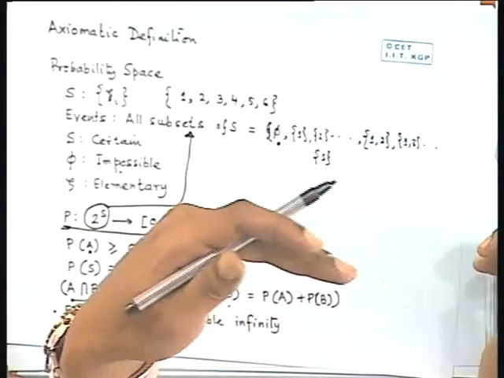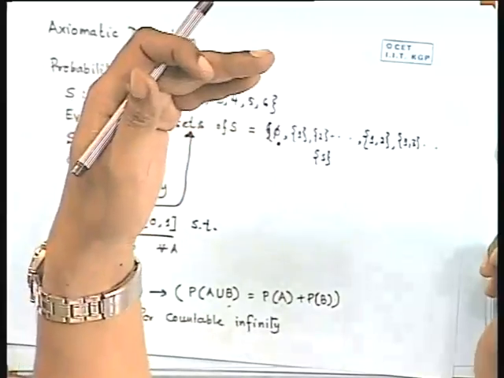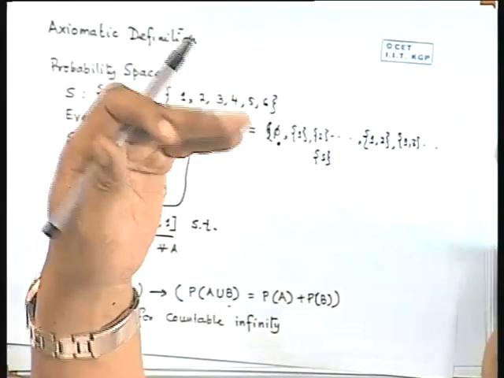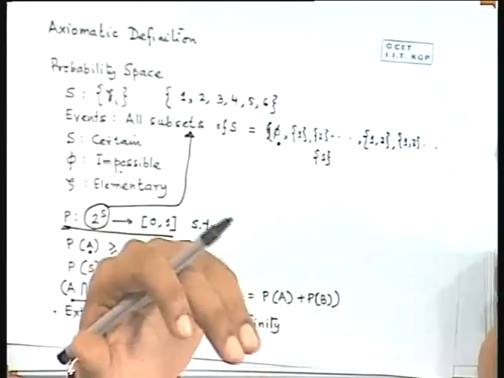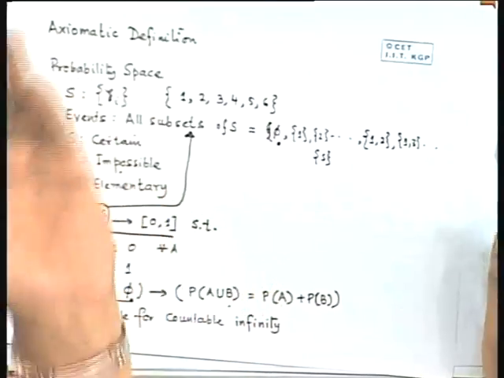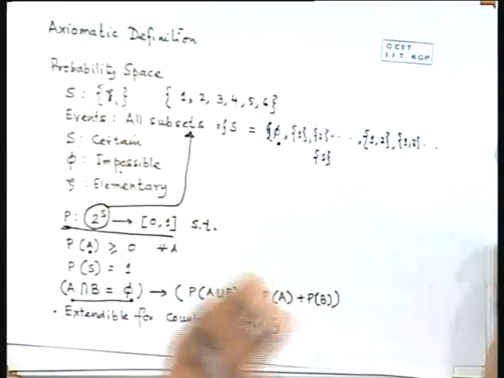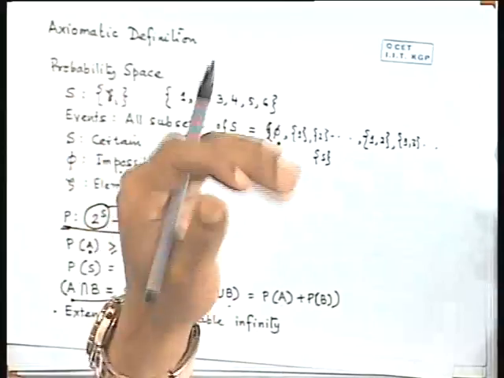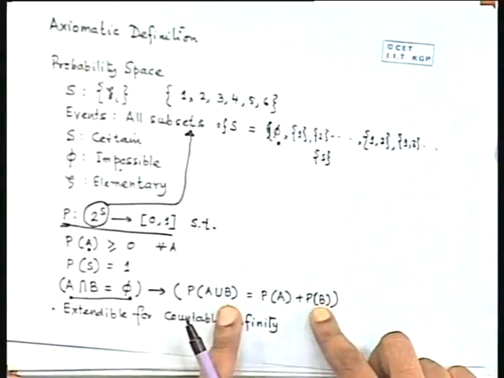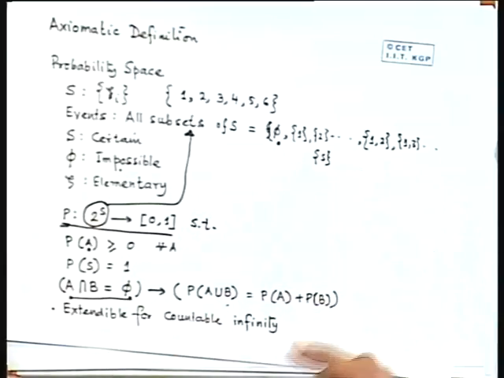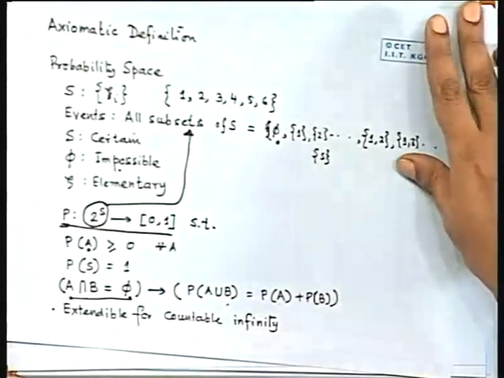That is, if you have mutually exclusive sets A1, A2, dot dot dot, countable exclusive sets, then probability of A1 union A2 union dot dot dot is probability of A1 plus probability of A2 and so on. So this result, which I have stated for two sets for simplicity, can be extended for a countable union of sets, but not for an uncountable.